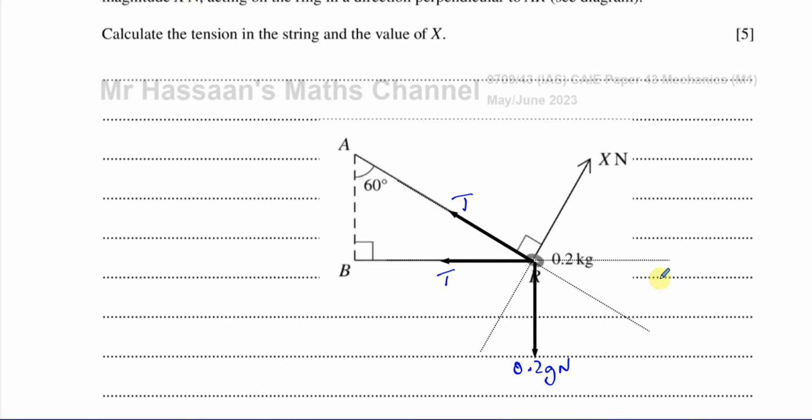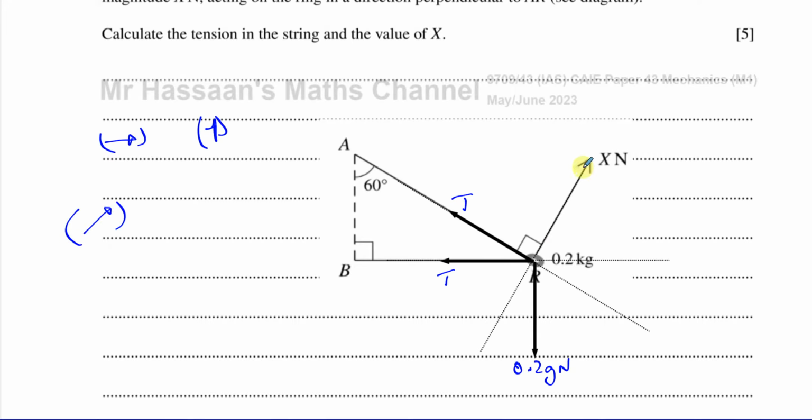Now we've got a choice here. I can resolve forces horizontally and vertically, and that's perfectly fine. But whenever you see forces which are perpendicular to each other, like this T and this X, then it might be a good idea to resolve forces perpendicular and parallel to one of those forces.